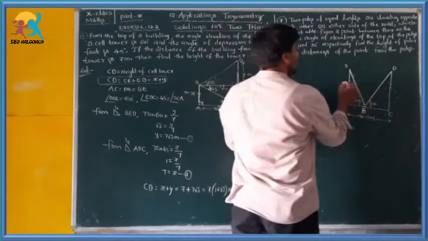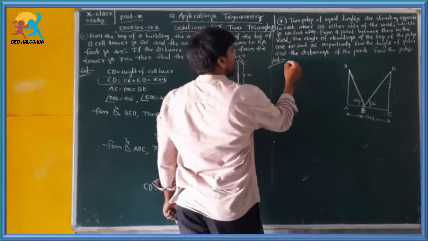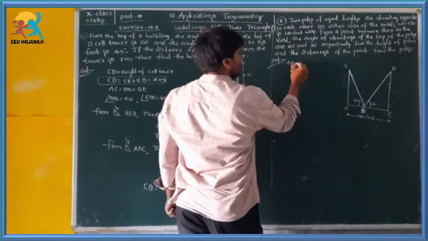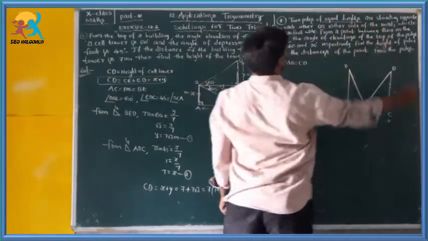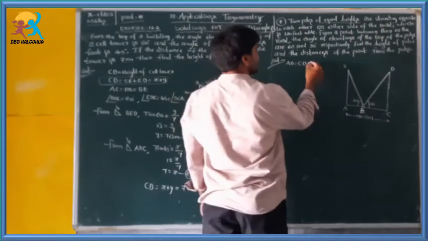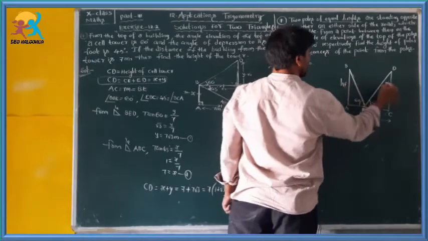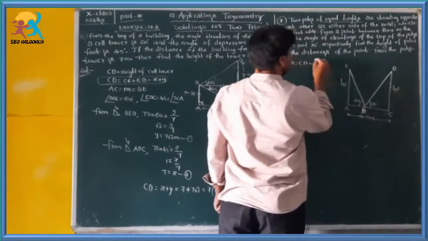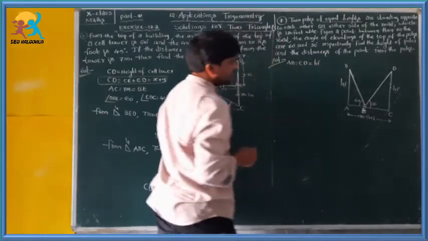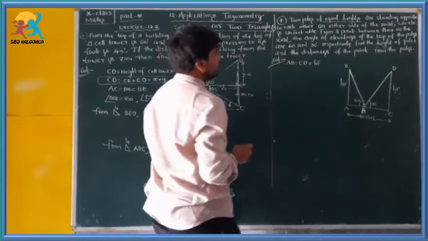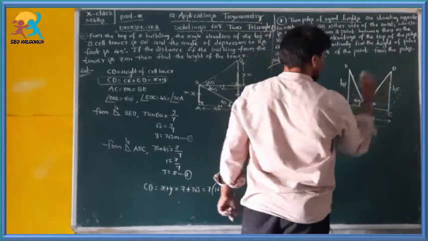We have to find the height of the poles, but given AB equals CD, since they are two poles of equal heights, let us denote it by H feet. And then we also have to find the distances of the point from the poles.